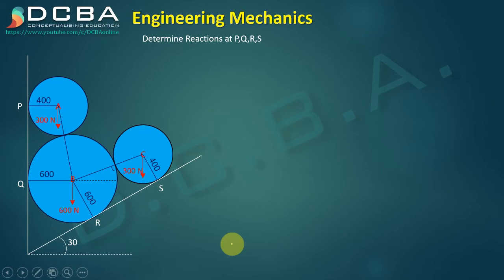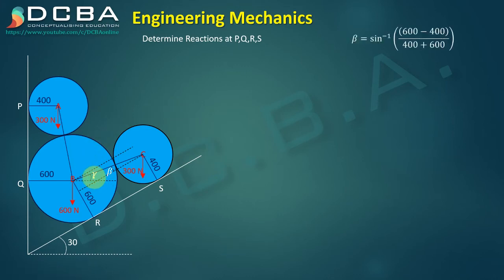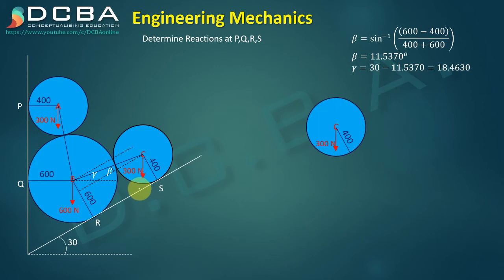After getting this, we can now come to the FBD of C, where I told you how to find the gamma angle. Gamma is 30 minus 11.5370, which is 18.4630. So this is acting downwards. This angle is 30 degrees.